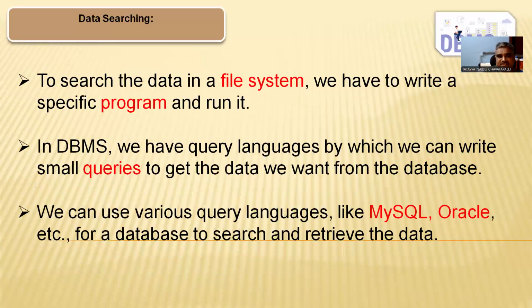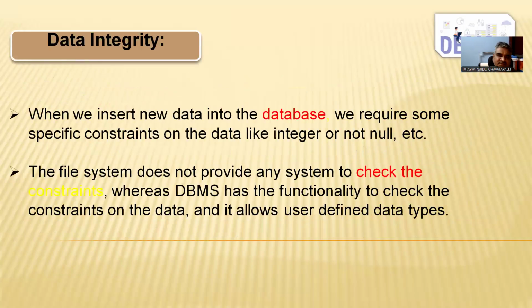The next one is data searching. To search the data in a file system, we have to write a specific program and run it. But in DBMS, we have a query language in which we can write small queries to get the data we want from the database. We can use various query languages like MySQL, Oracle, etc. for searching and retrieving the data. The next one is data integrity.